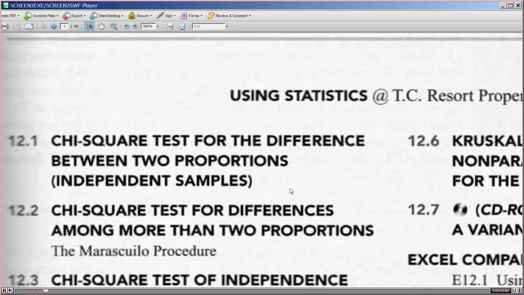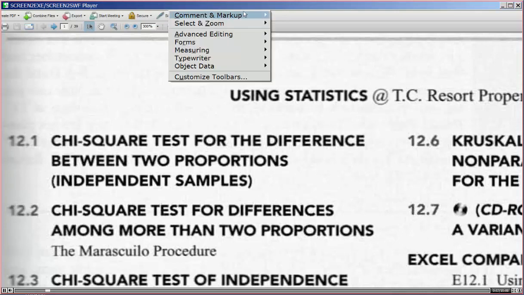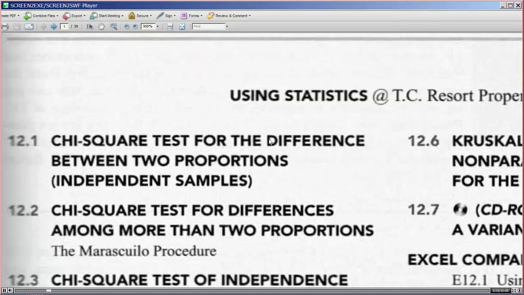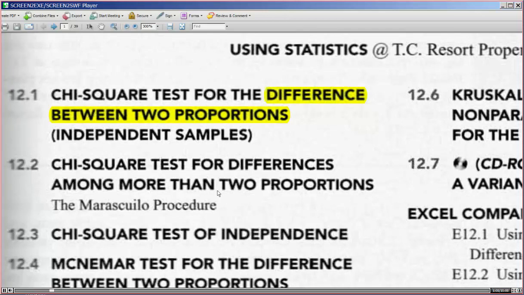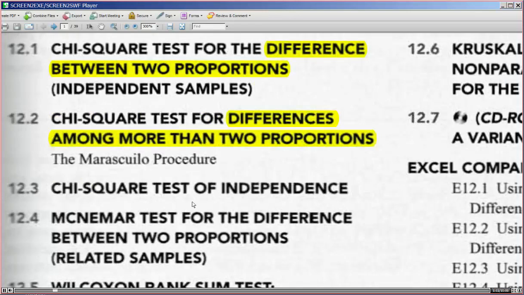But they'll be looking at the difference between two proportions test. This is the main one we'll be looking at. Next, chi-square tests for differences among more than two proportions. Obviously will be the extension of this test. And chi-square test of independence.